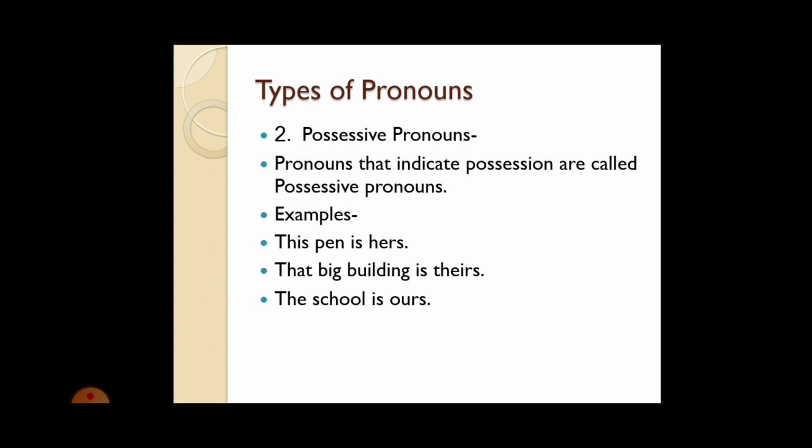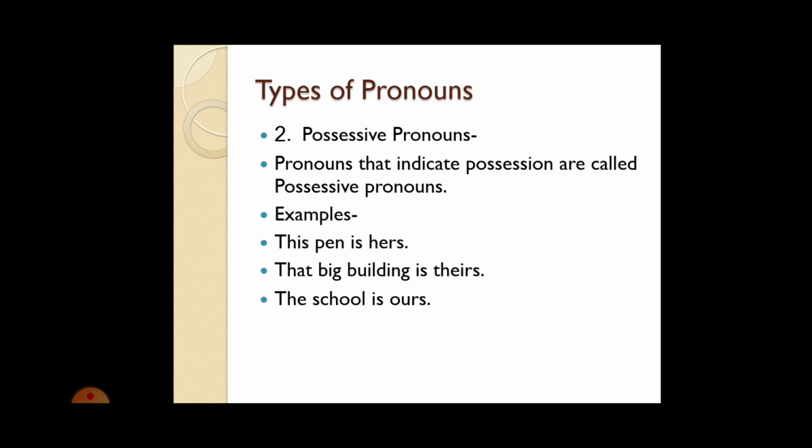Second kind of a pronoun is possessive pronoun. What are possessive pronouns? Pronouns that indicate possession are called possessive pronouns. I have written a few examples here. This pen is hers. In this particular sentence, hers is the example of a possessive pronoun.